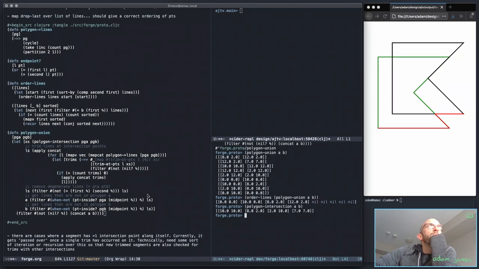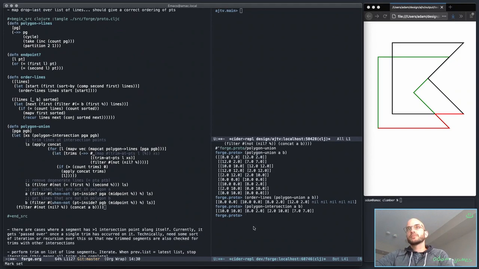If I run trim at points, let's take the line segment that I'm considering here. 5, 5 to 10, 10.